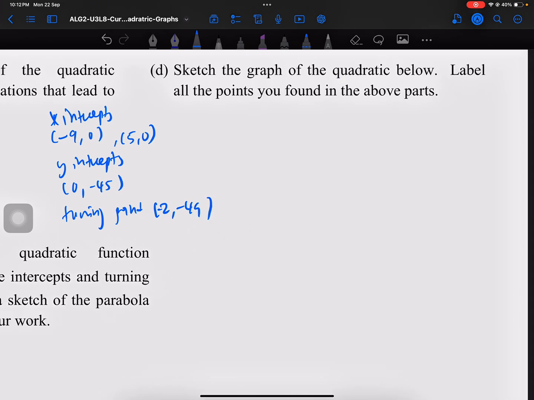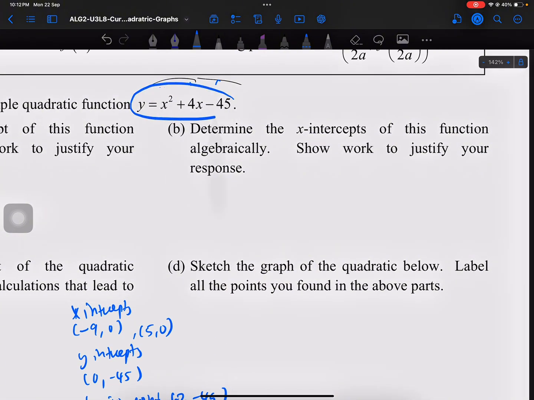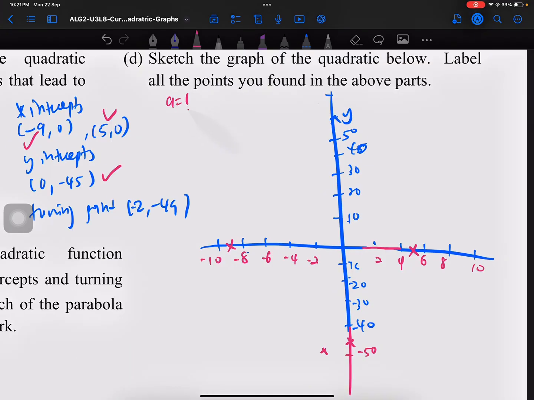Since a is positive, 1, we will have a smiling graph: the parabola opens up. We draw a smooth U through the points. Since this is the turning point, the graph goes up from here to infinity.